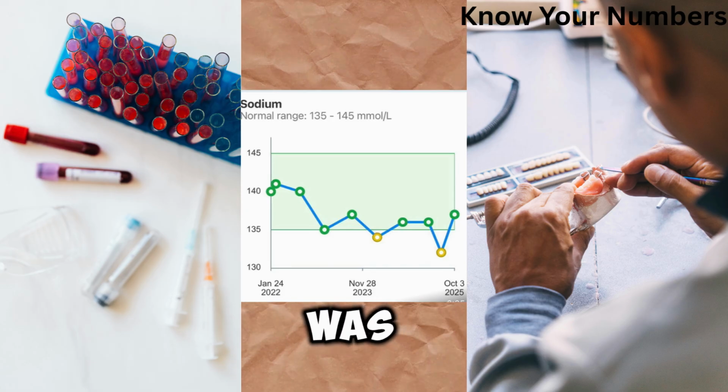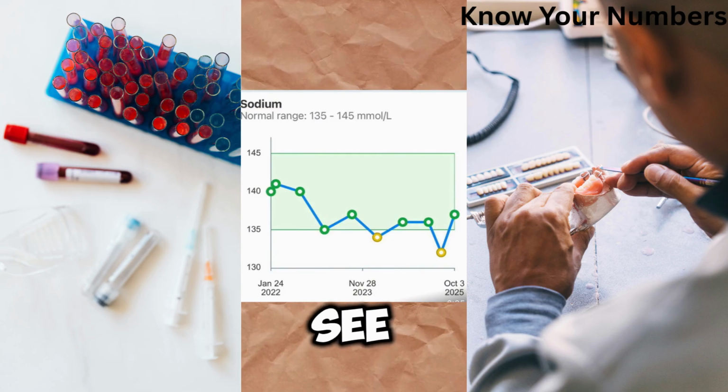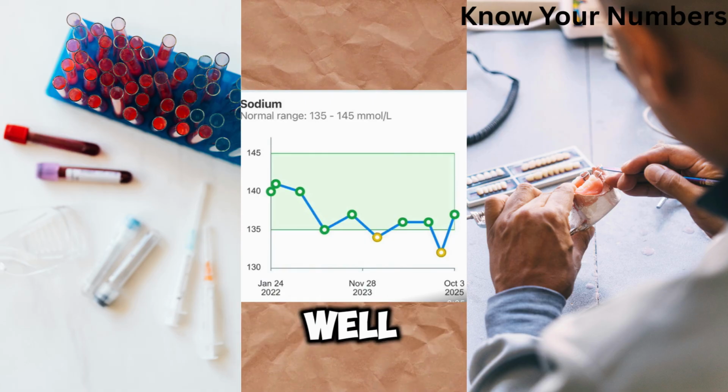Mine in 2025 was around 136. You can see somewhere in 2023 it dropped lower than 135, and also sometime in 2025 as well. But I was able to increase a little bit of sodium in my food, and that's why it went back to normal.